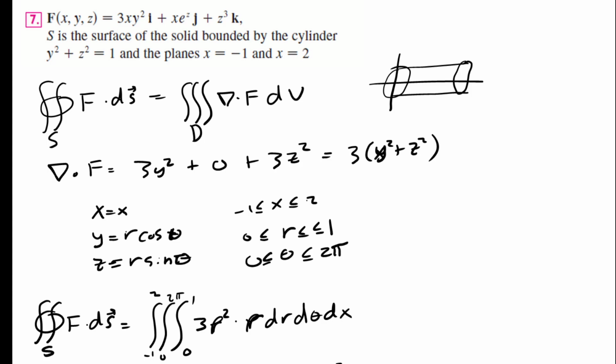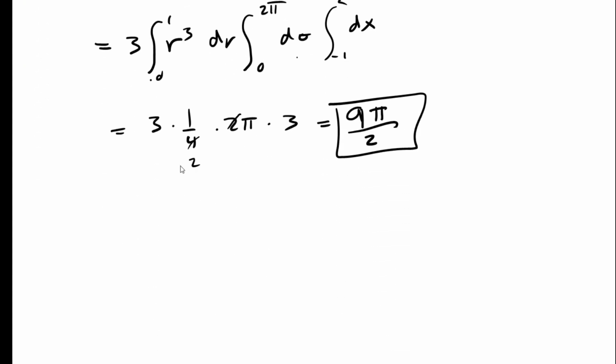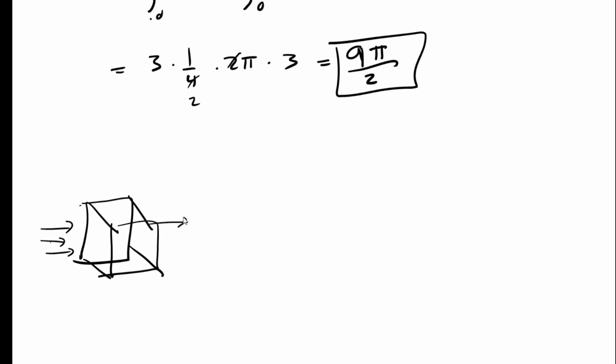Maybe if you had a very simple example, like a square box, and we know that the vector field is completely horizontal, then the integral over the sides and the top would be 0.